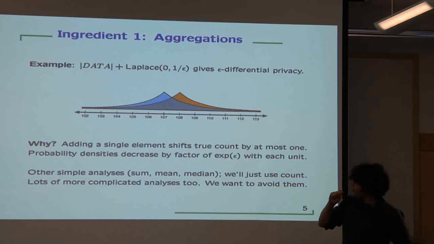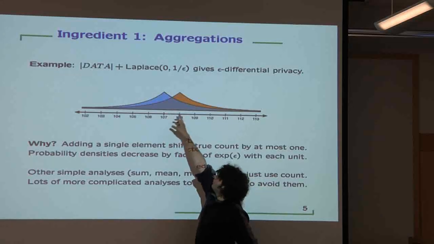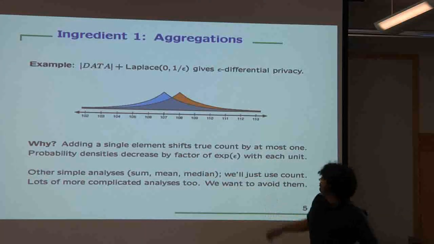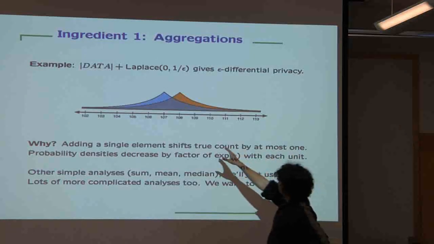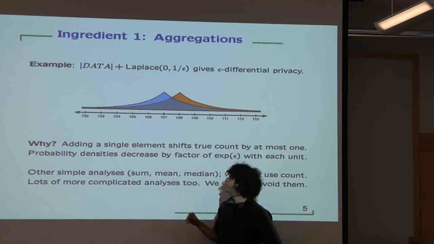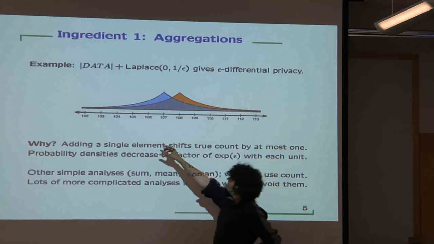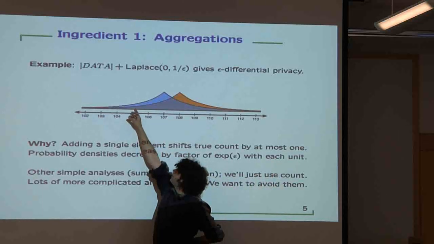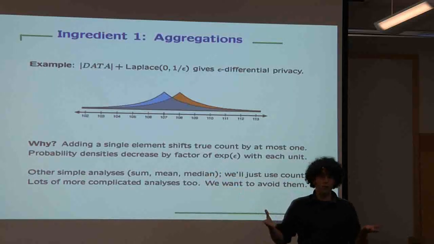Why is that? Think of two curves: the data without me in blue, and with my record in mustard or orange. When I look at the change in probability of any particular outcome, say 105, when I add the record, the ratio between the two probabilities is the same as the ratio, in the blue curve, between 105 and 104.